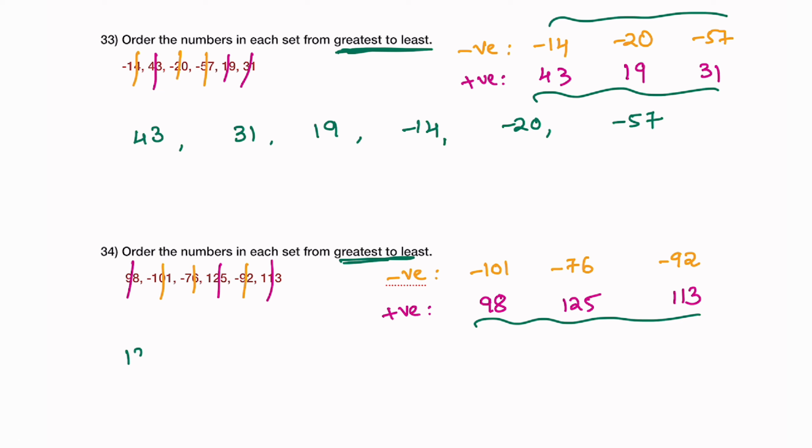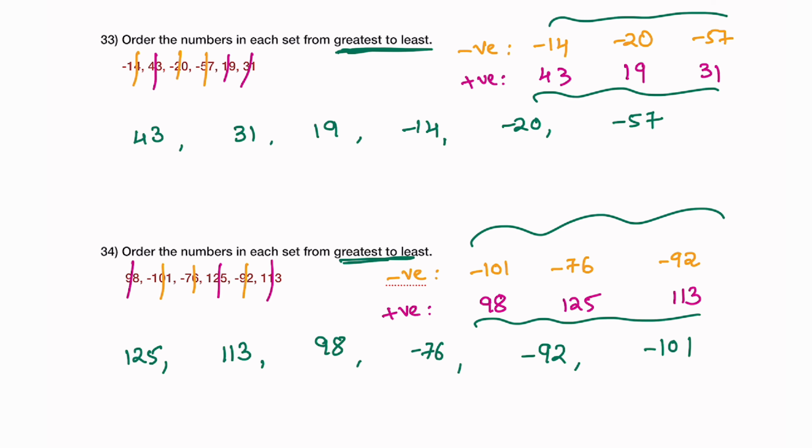So the greatest is 125. Then we have 113 and then 98. From the negative numbers, the greatest is minus 76. Then we have minus 92 and minus 101, and it's done. So we end this here. Now let's see what the next question has to ask.